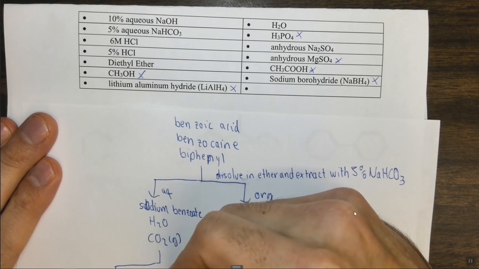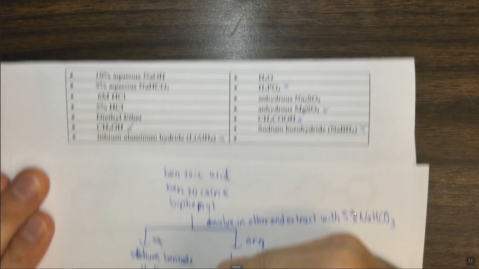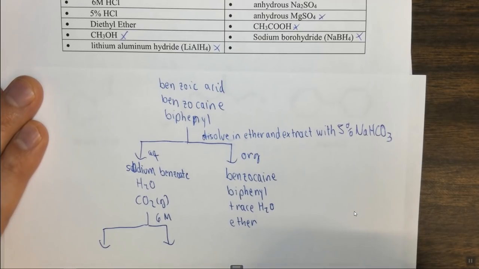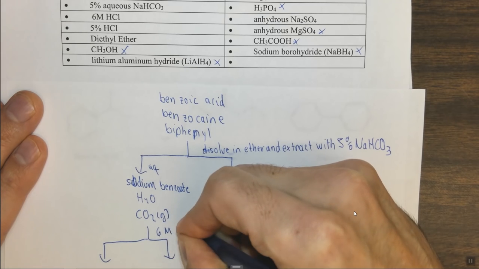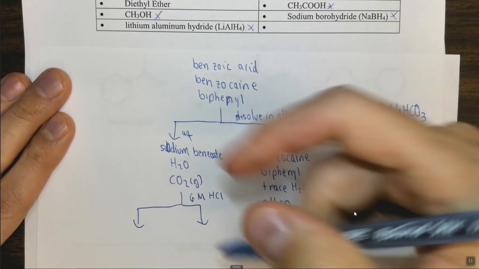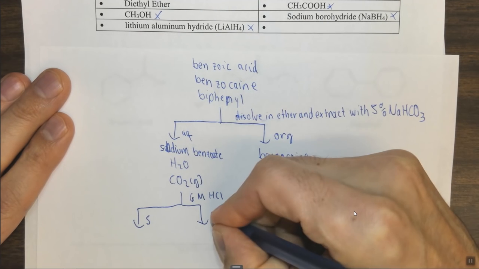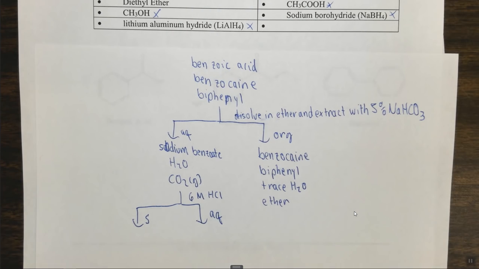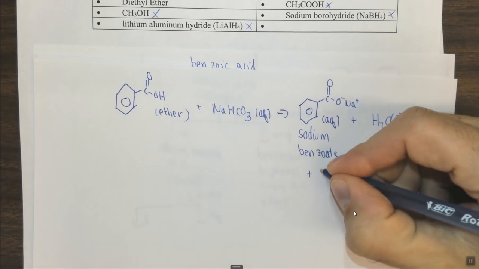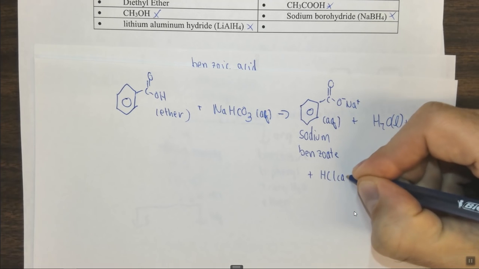So in this case, I want to add 6 molar HCl, because 6 molar HCl is one of my acid choices, and I apologize that I can't fit all this on the screen. You're going to end up with a solid and an aqueous layer. So I have this molecule in solution, and I add aqueous HCl.